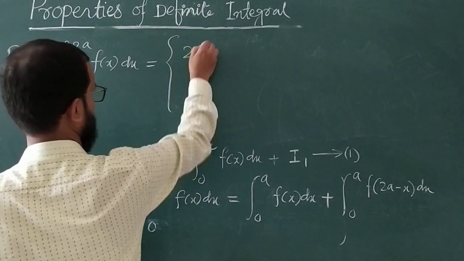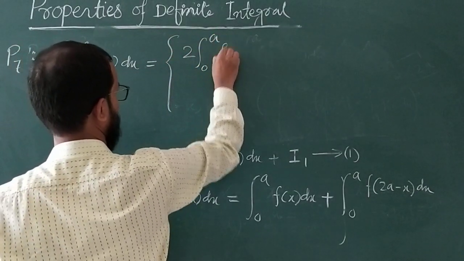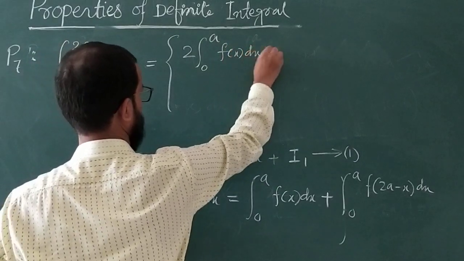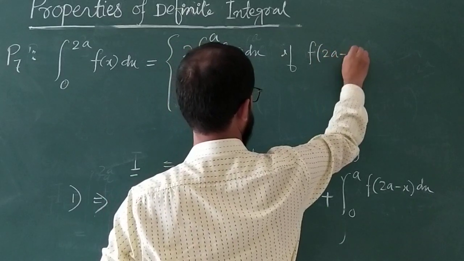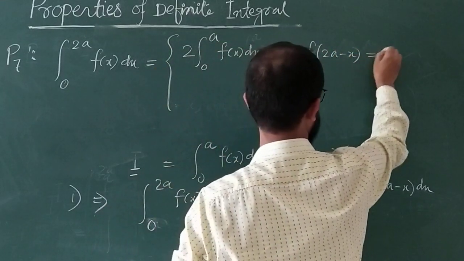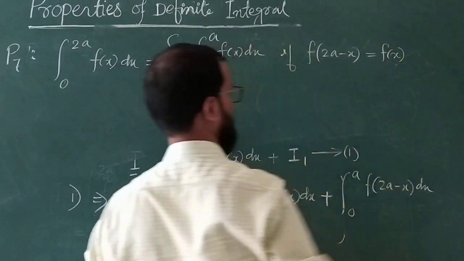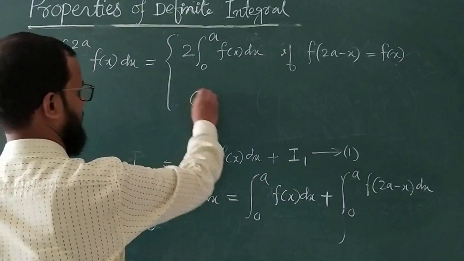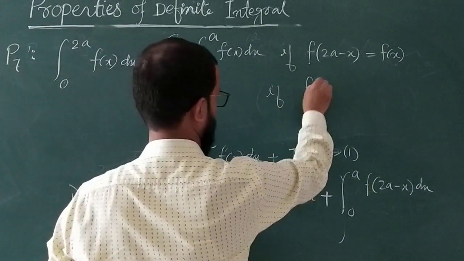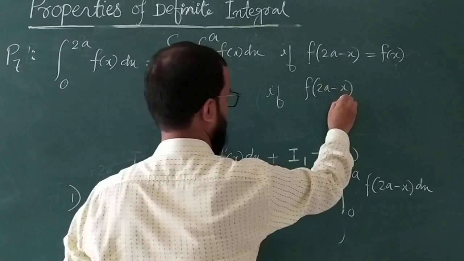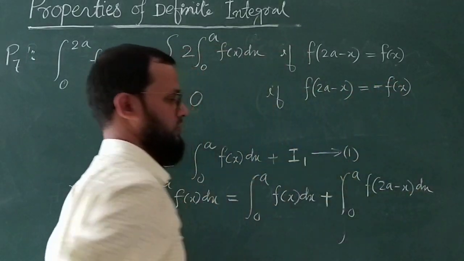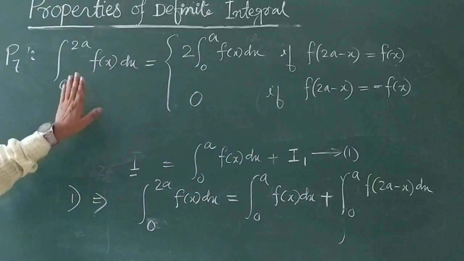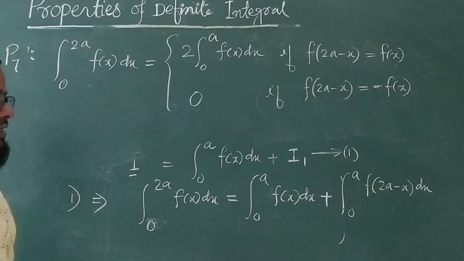One result is 2 into integration 0 to a fx dx, under the condition that f of twice a minus x is equal to fx, and it is 0 if f of twice a minus x is equal to minus fx. Okay, so this is the particular property.